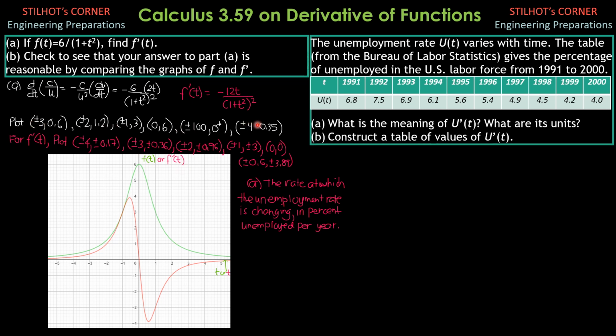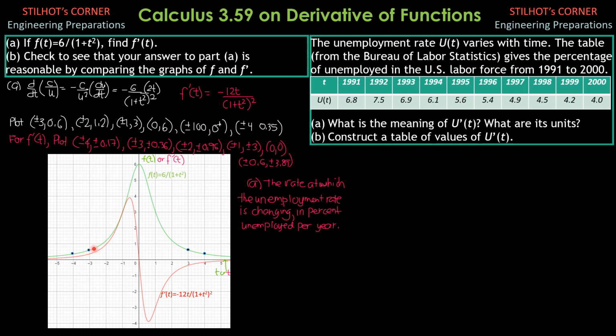So first, these points are plotted as shown here. This is f of t, and these are the points. So negative 3, plus minus 3.6, positive 0.6 here.